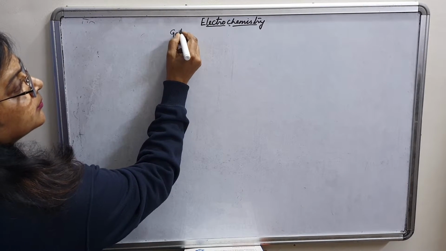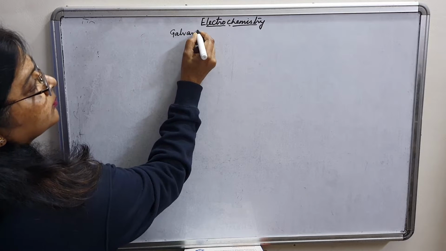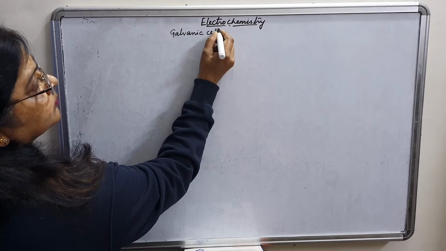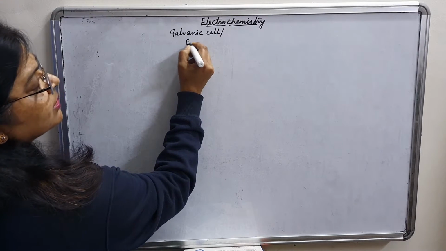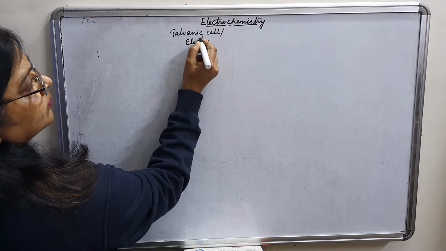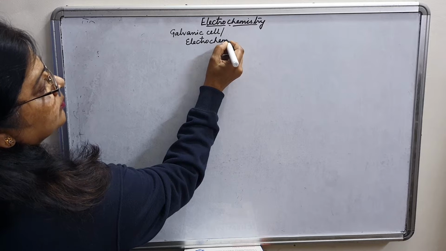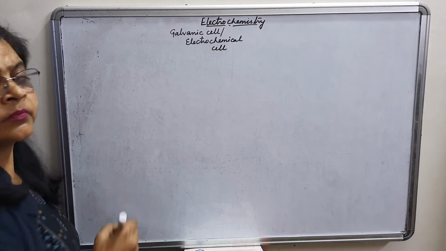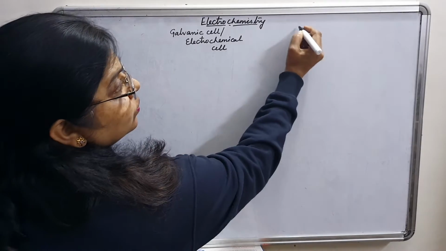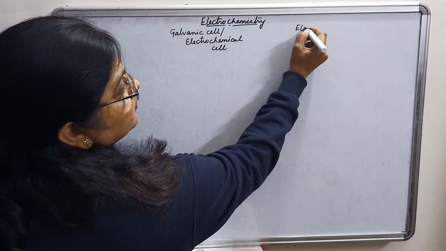So here we will see the topics galvanic cell, which is also known as electrochemical cell, and then we'll do electrolytic cell.